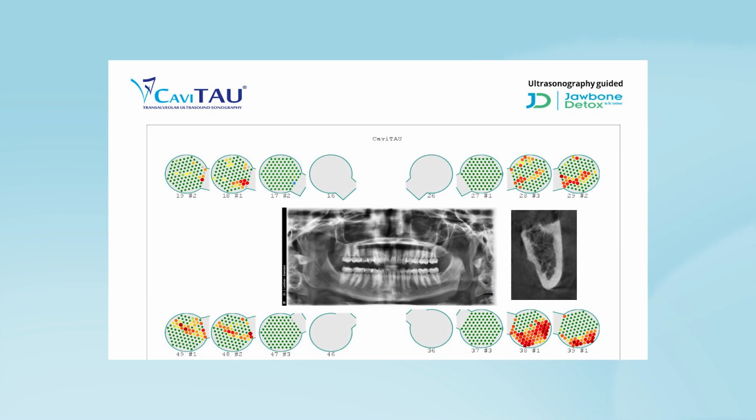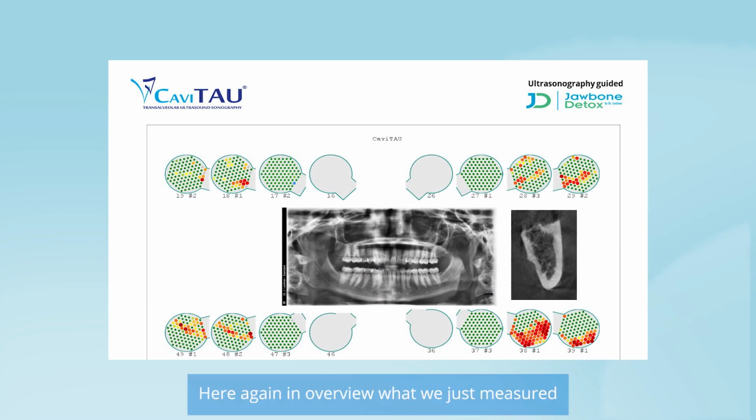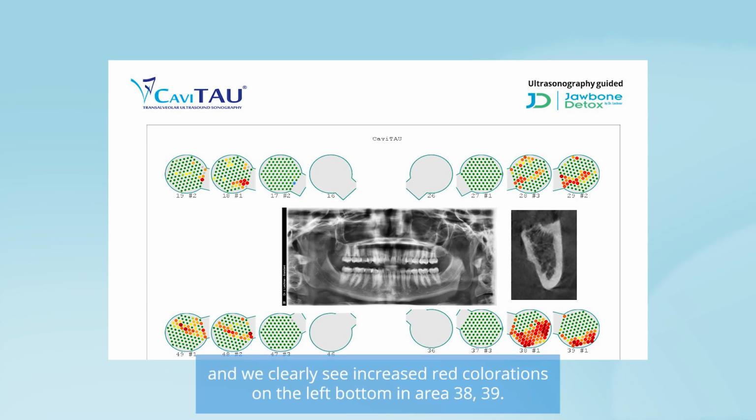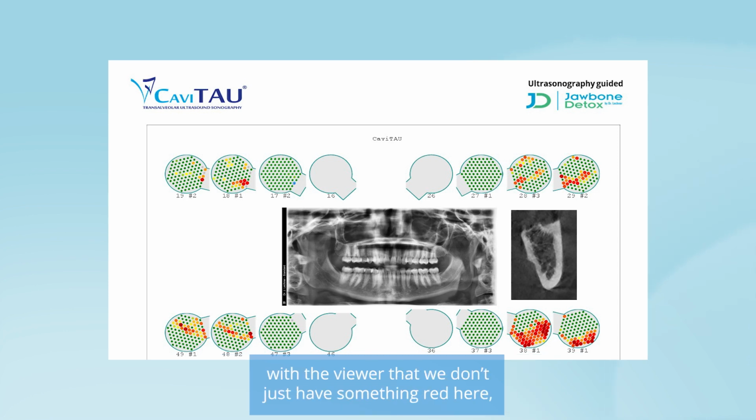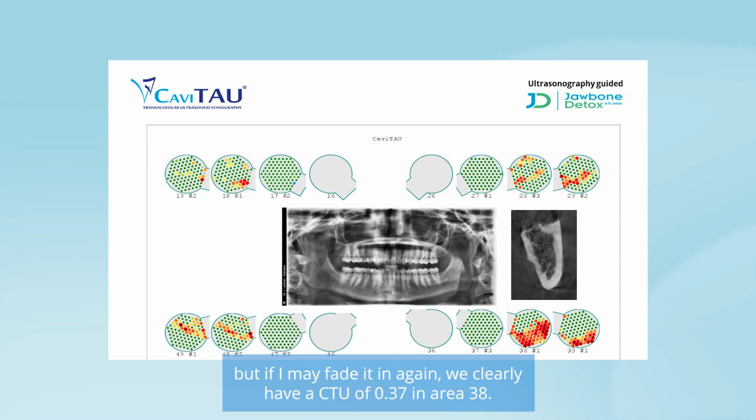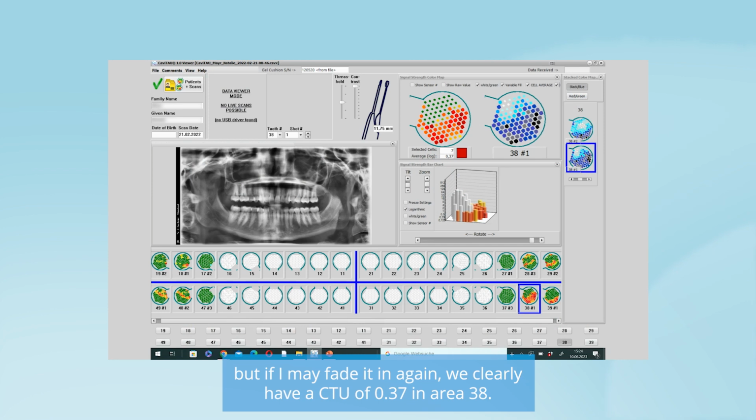Here again in overview, what we just measured, and we clearly see increased red colorations on the left bottom in area 3.8, 3.9. But now we know through our CaviTAU CTU measurements with the viewer that we don't just have something red here, but if I may fade it in again, we clearly have a CTU of 0.37 in area 3.8.